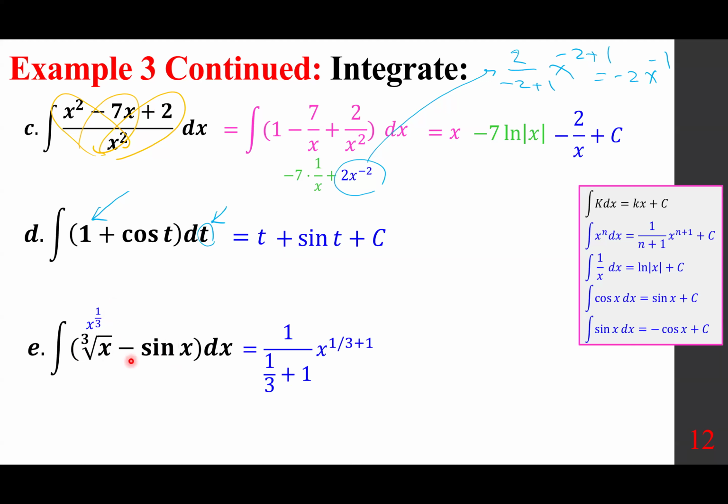So let's write minus cosine and a constant. Again, the integral of sine is negative cosine, okay? And as you know, this is 4/3, this is 3/4, and x to the power of 4/3 is the same as cube root of x to the power. So you just rewrite it in this fashion and you're done.